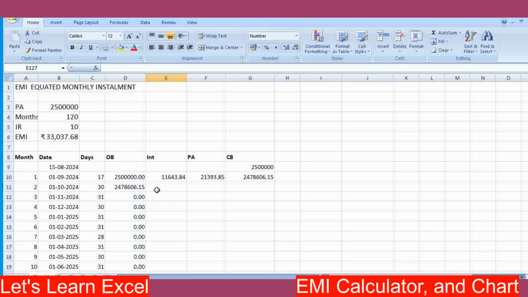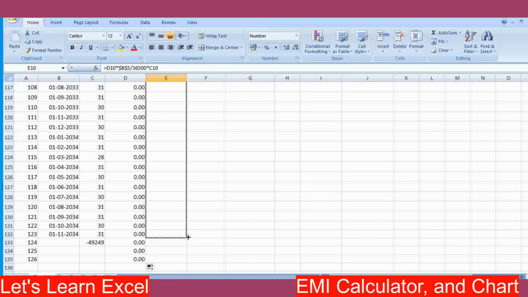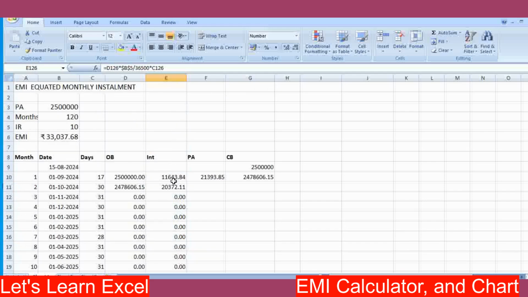Now here again copy this. Interest is the formula. Now here remember it is absolute $B $5, right? So throughout all the columns it will remain the same, $B $5. Otherwise what would have happened is it would have become B6, B7, B8, B9, B100, which we don't want.